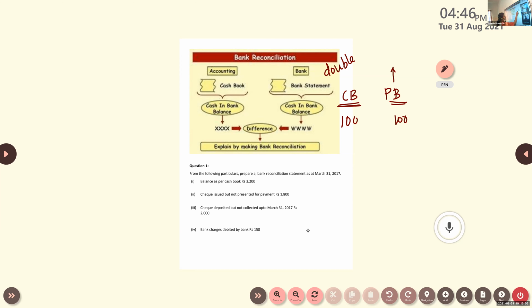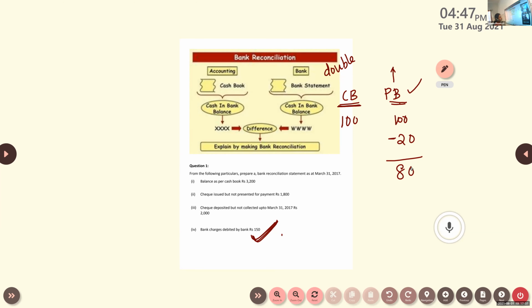So you have your passbook and cash book, and this change takes place in the passbook. Suppose the bank charges rupees 20, this is just an example. Cash book and passbook both show a balance of 100 rupees. Now there is a bank charge, so the bank has withdrawn 20 rupees from your account. Now your bank balance is 80.